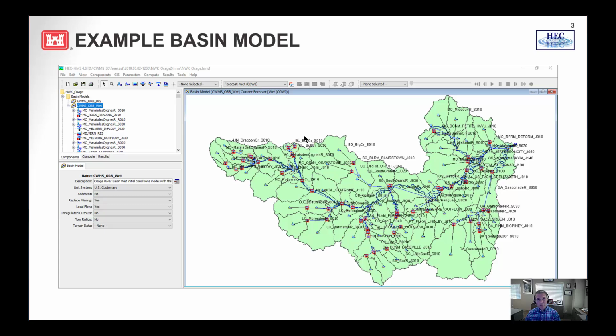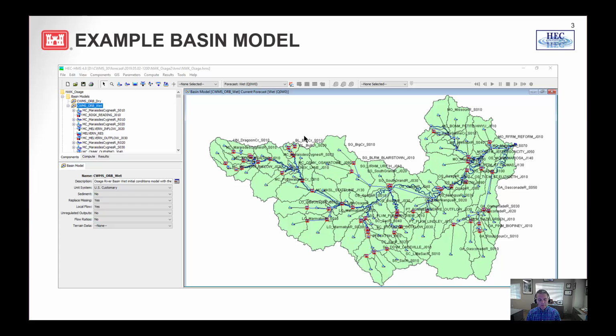You would expect different soil moisture conditions if you began a simulation under dry conditions versus wet conditions. So having these different basin models with different parameter sets is going to allow you to get to a calibrated basin model much more quickly versus having just one basin model and then adjusting those parameters every time you create a forecast.